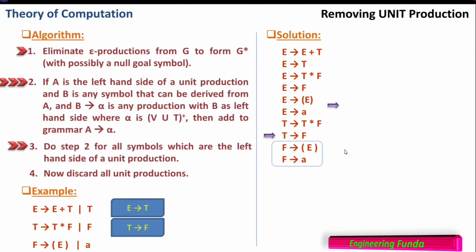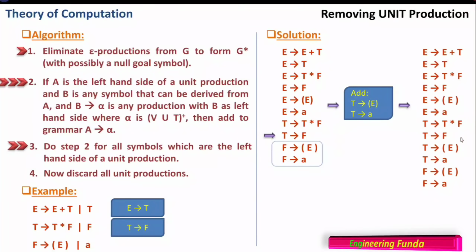We have to do nothing except add these 2 productions, T tends to bracketed E and T tends to A, to our grammar. The new grammar has 2 more productions, so here it was 10 and now we have 12 productions in the grammar.